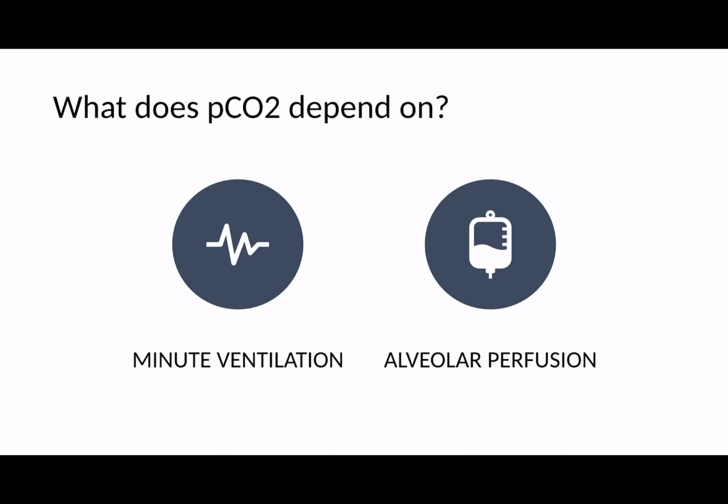But in terms of the alveolus itself, it depends purely upon two things: the respiratory rate of the patient and the tidal volume. And minute ventilation is a function of both of those. So minute ventilation is respiratory rate multiplied by tidal volume. The higher the minute ventilation, the more carbon dioxide that's released from the body.